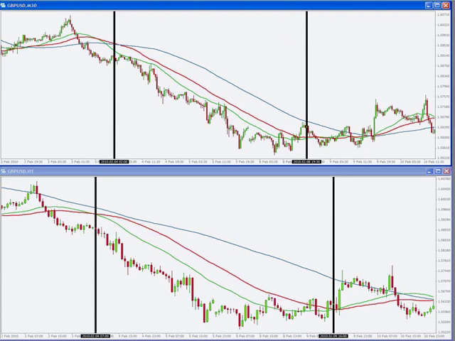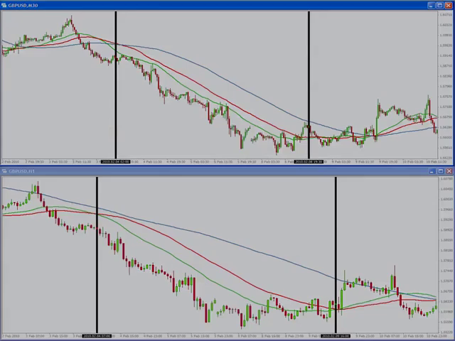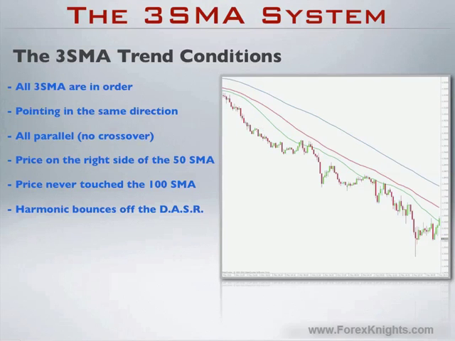Okay, that's how the dynamic area of support and resistance can not only help you defining the optimal entry point, meaning the optimal bounce point, but also the time frame, the correct time frame to follow that trend on.